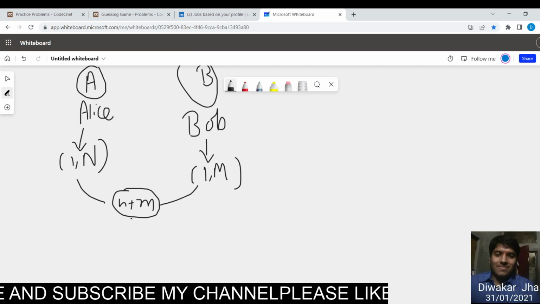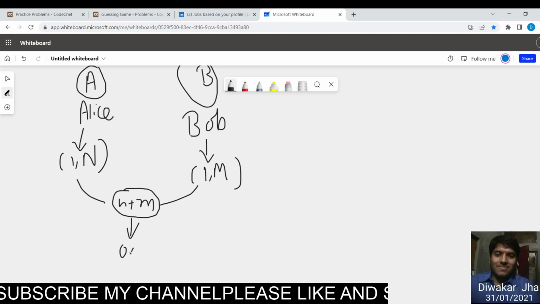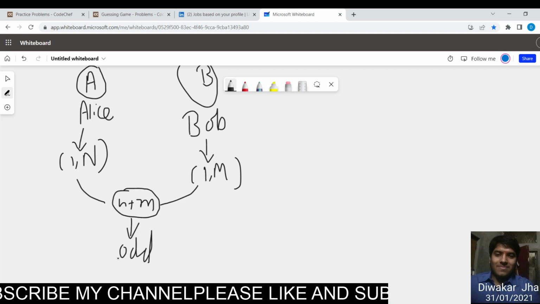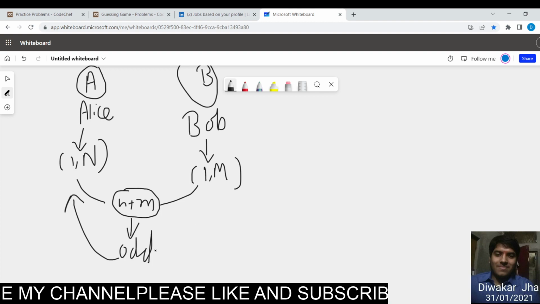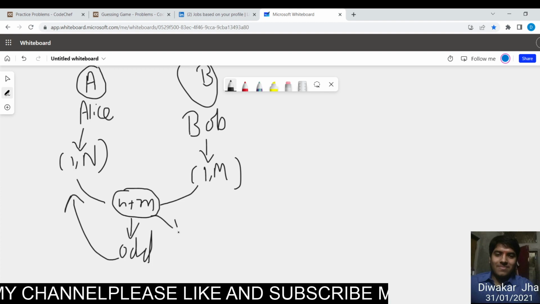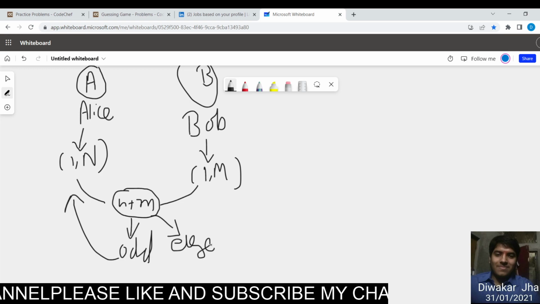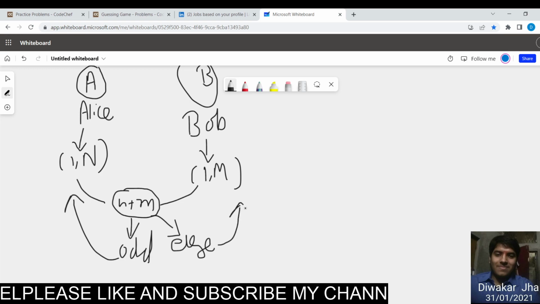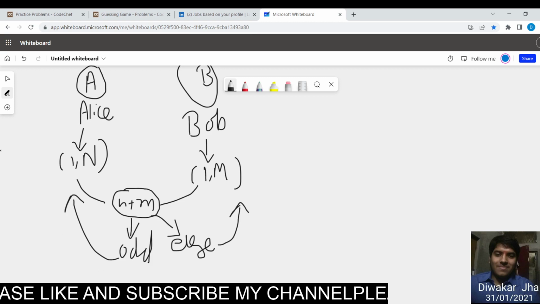If their sum is odd, in that case, Alice will go for the water for both of them. If the sum is even, then Bob will go. I hope you all understood the problem statement.